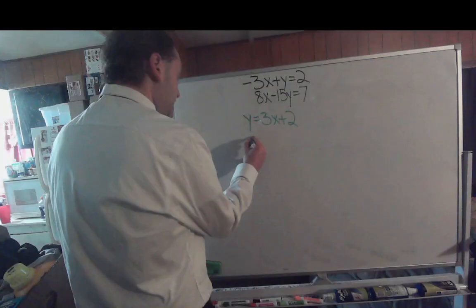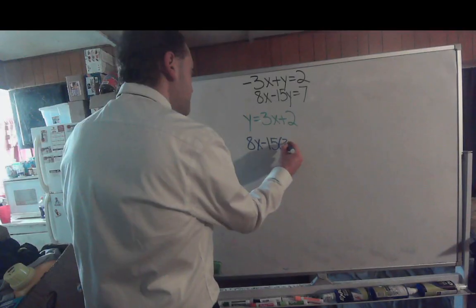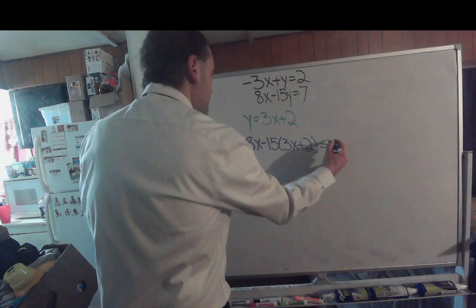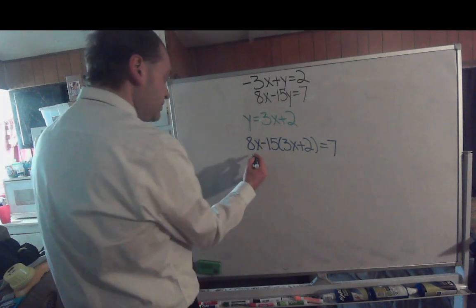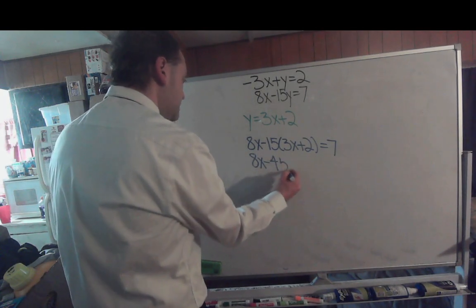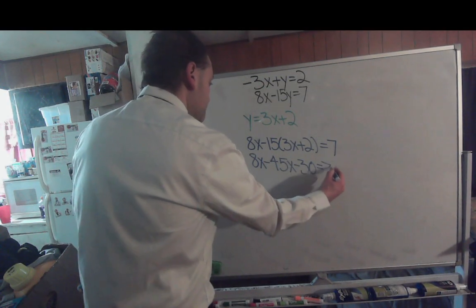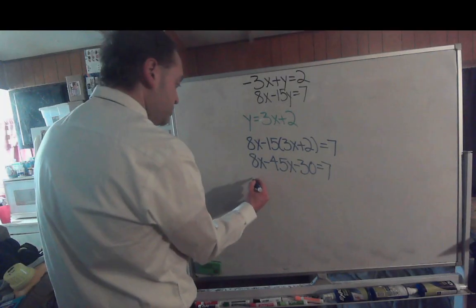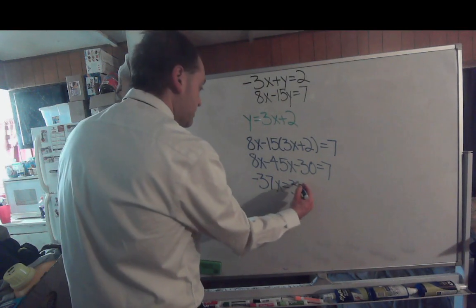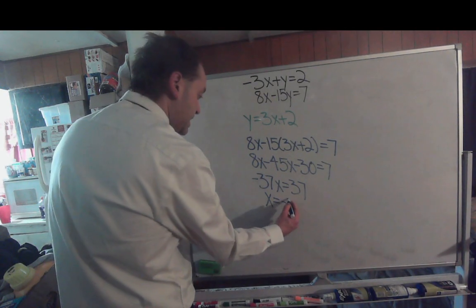So what you would get is 8x minus 15 times 3x plus 2 would equal 7. This would give you 8x minus 45x minus 30 equals 7, which would give you that negative 37x would equal positive 37, therefore giving you an x value of negative 1.